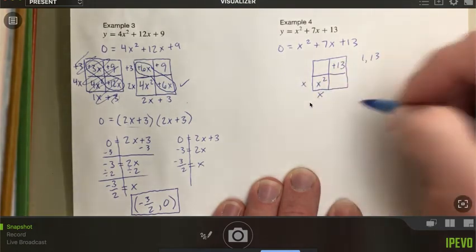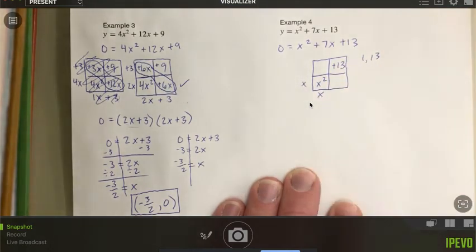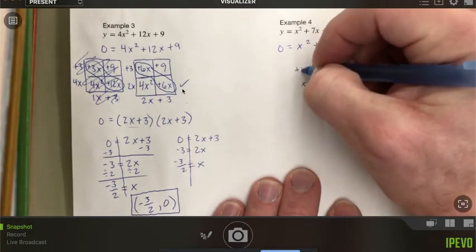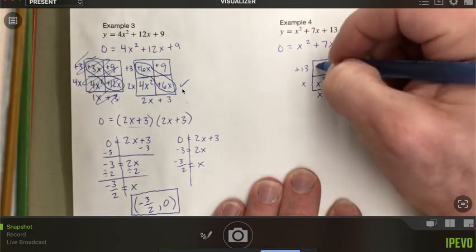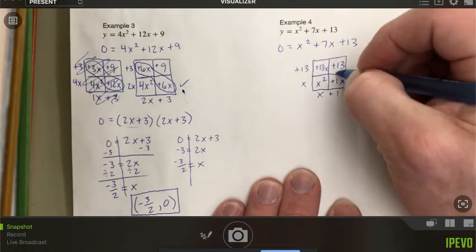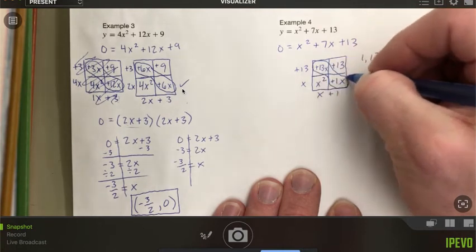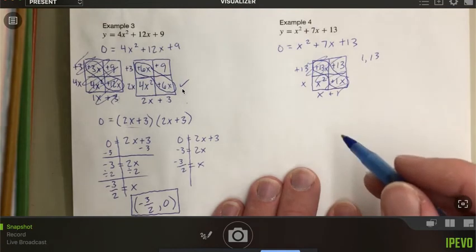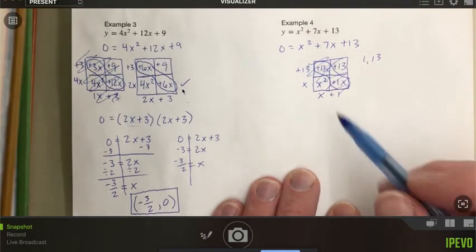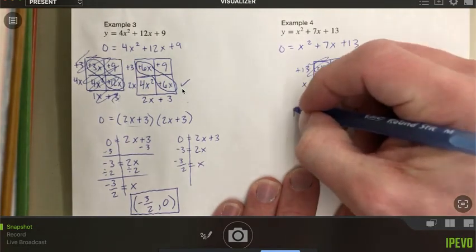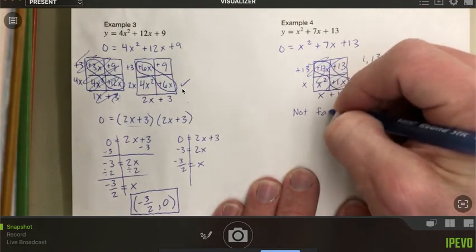X times x is x squared, but if 1 and 13 is my only combo, I could try the positive and the negative version, but I'm pretty certain that these don't combine to be 7x. And the negative version is just going to do the same thing. So it turns out in a case like this, it's not factorable.